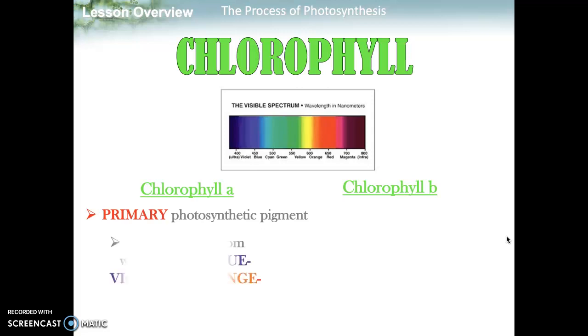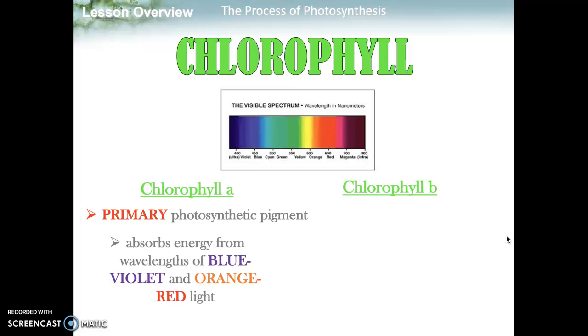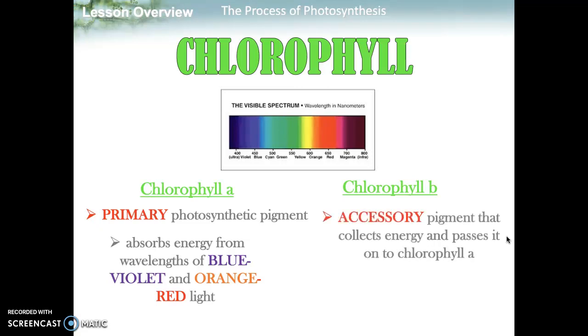It is the photosynthesis, and it absorbs the blue-violet end and the orange-red end. Chlorophyll B is an accessory pigment. It does absorb a little bit of the green light while also capturing some of the yellow. But most of our energy is captured by chlorophyll A.